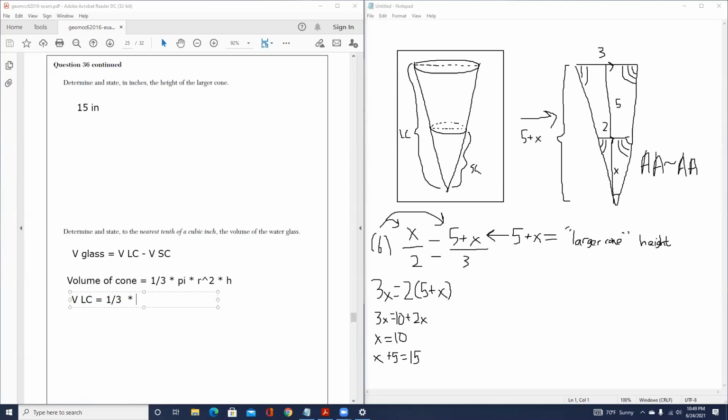The volume of the larger cone is equal to 1/3 times pi times 1.5 inches squared times 15 inches. And the 1.5 inches just came from halving the diameter of the larger cone, just its base.